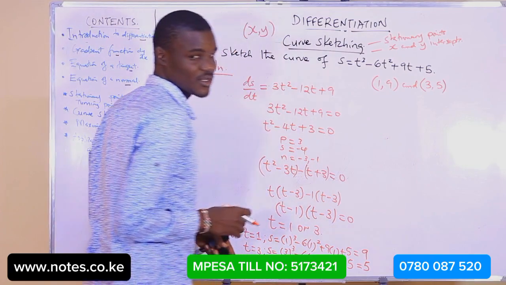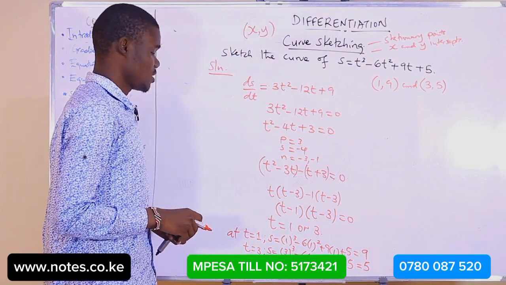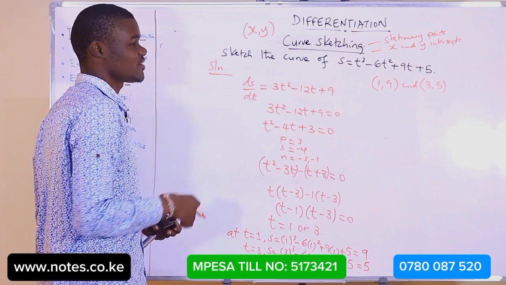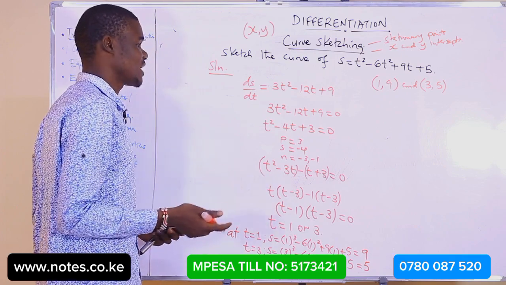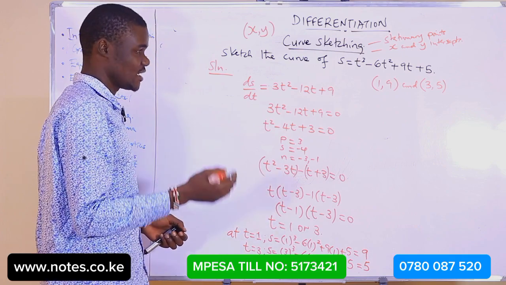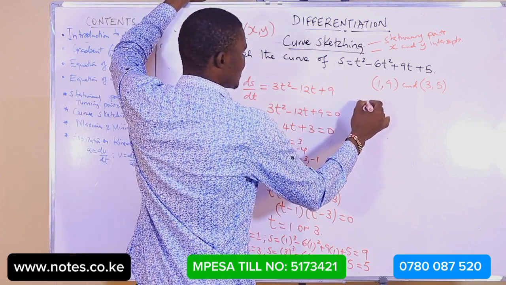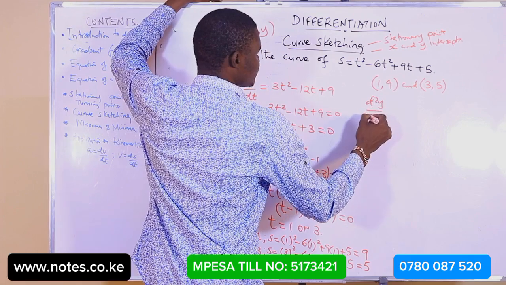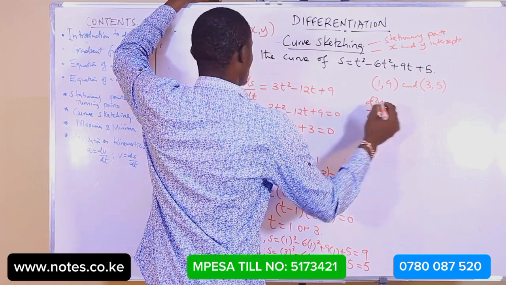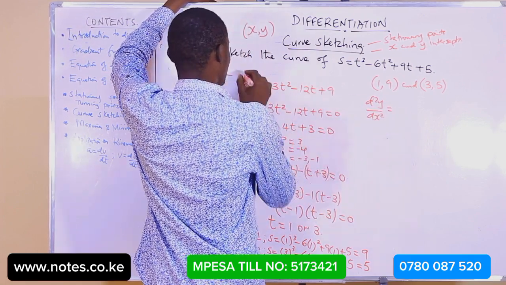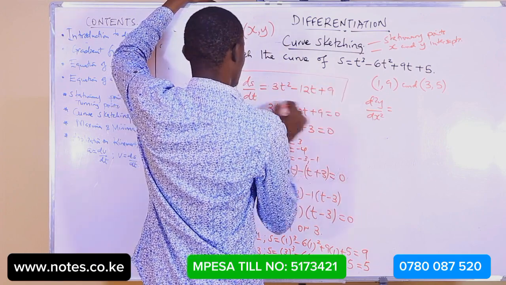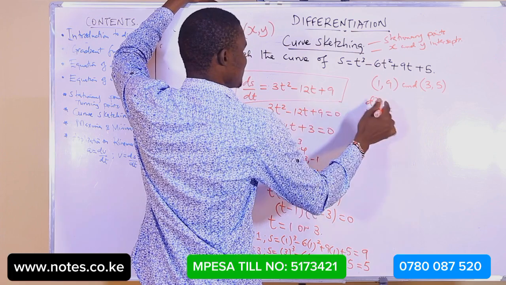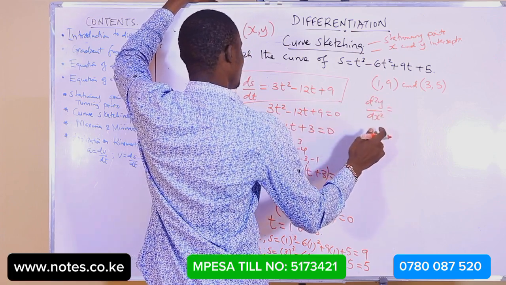So once you get your stationary points, what you are going to do is to determine whether it is a maximum or a minimum. And I said you get the second derivative. So we are going to work out the second derivative. So that would be you again differentiate this. That is what I mean by the second derivative, d squared y over dx squared.